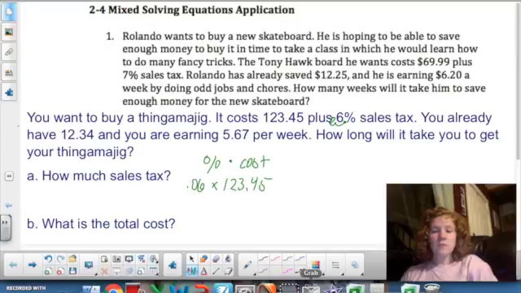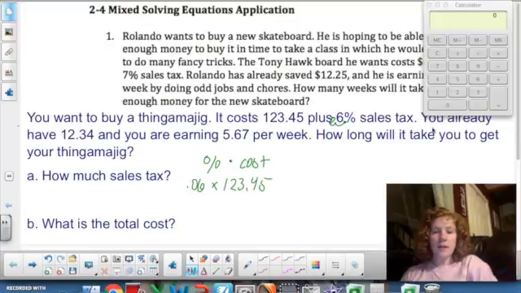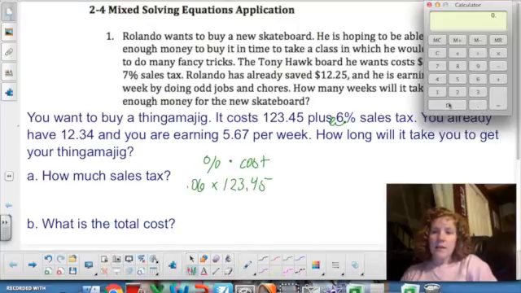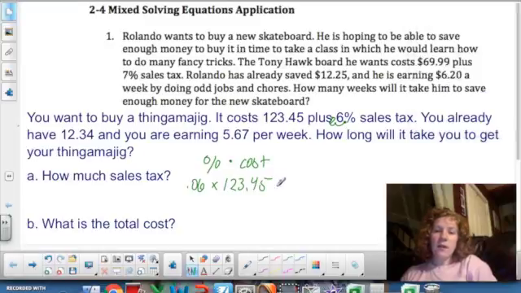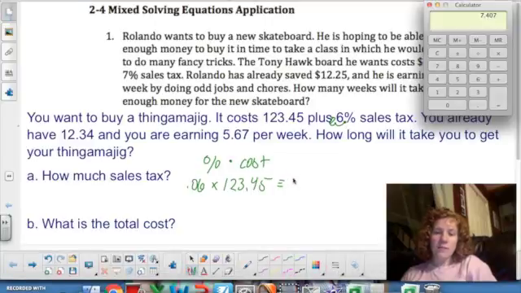All right, so I'm going to pull up my calculator here, and I'm going to say 0.06 times $123.45. And that gives me 7.407.